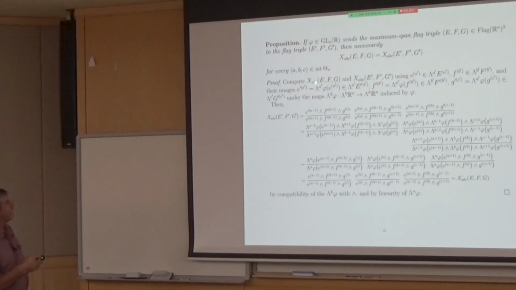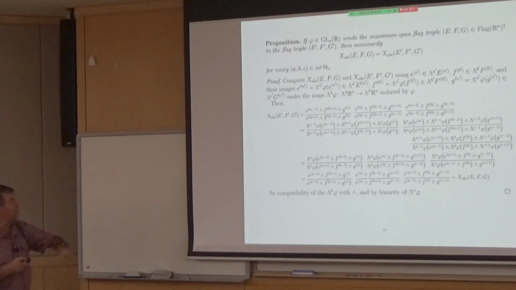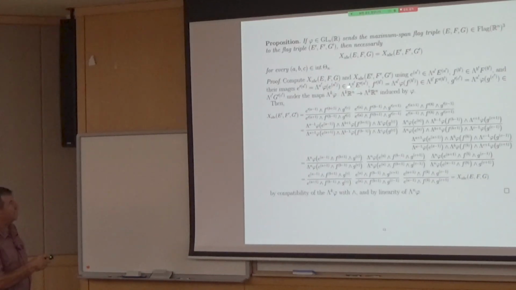To compute x of ABC, I take elements in the exterior powers corresponding to E, F, and G. And if there is a linear map sending E to E prime, when I compute this, I'm going to take the images of my choices under the map. I told you that phi induces a map between the exterior powers, so it's natural to use those.